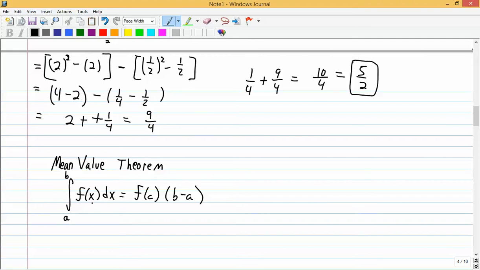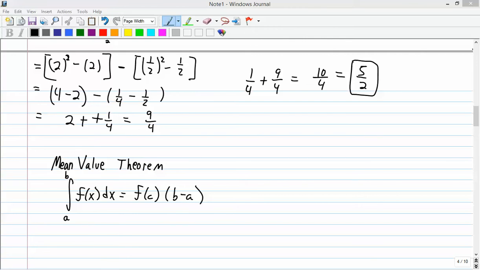Somewhere between those two, there exists a rectangle that would give you the exact area under the curve. You may want to read through that theorem if you're a math major. It is a very powerful theorem, and you will definitely revisit it down the road if you are a math major.